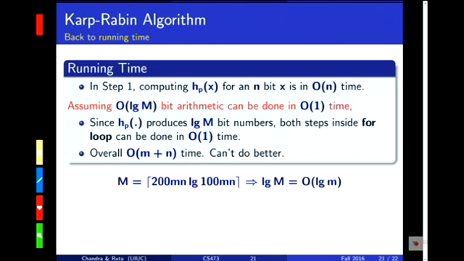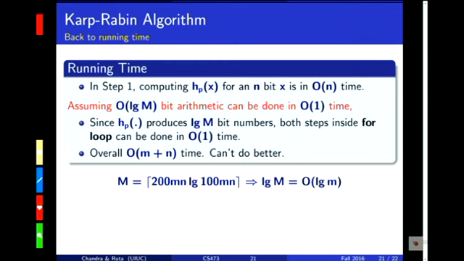Okay, so this M will be then 200 mn log 100 mn. That means this log M will be order log small m. Now here the order is hiding a linear term, not a linear term, a linear and log m term.